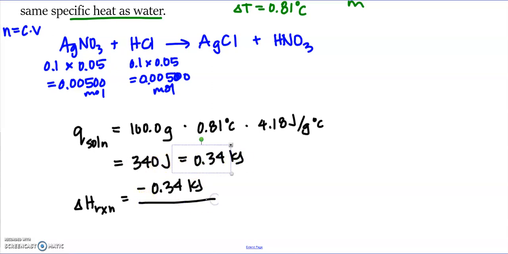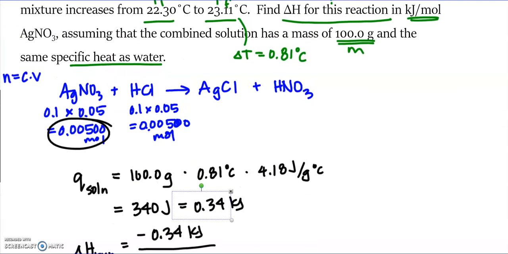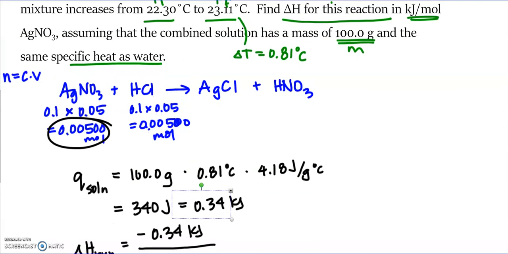And I'm going to divide it by my moles, which would be 0.00500 moles. So my delta H of reaction is going to be negative 68 kilojoules per mole. So it's essentially the same problem as before. We're just adding in this reaction and solving for moles in a different way, due to concentration, not due to grams.